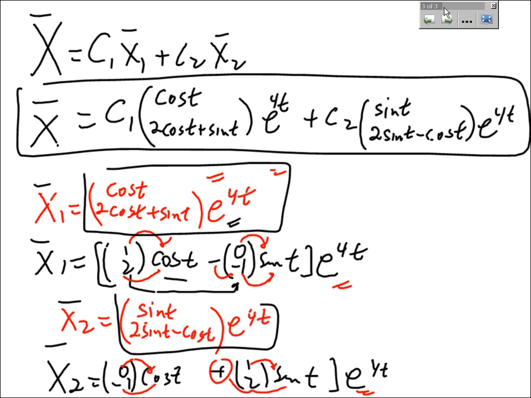Okay. Let's try one more where we have complex roots. So we did 2. Let's try one more with complex roots.